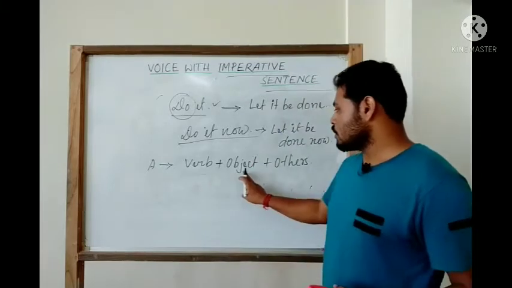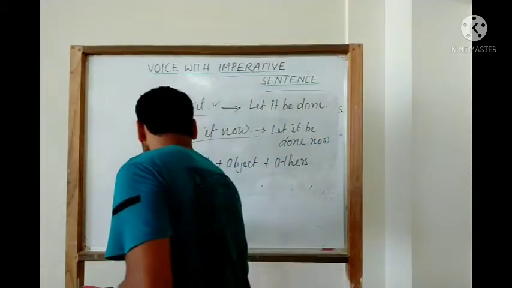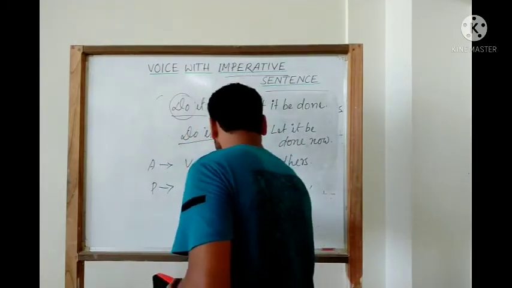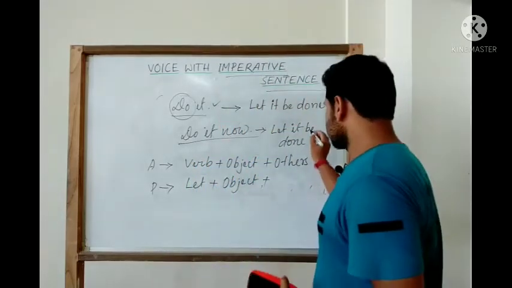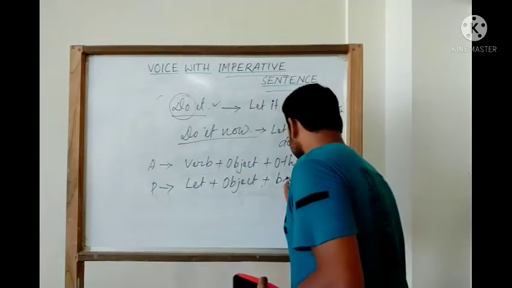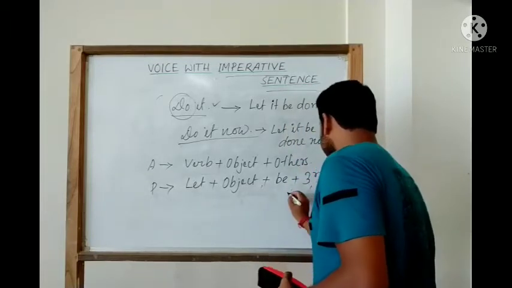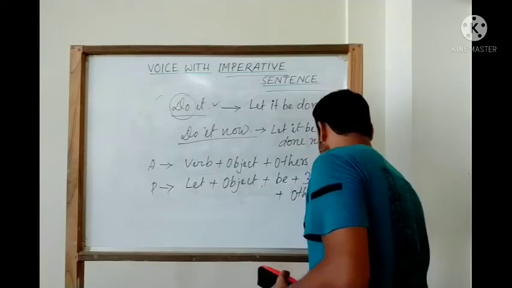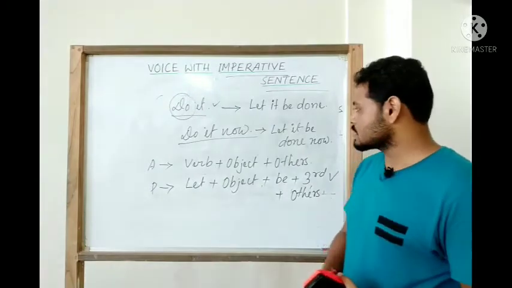This is active. So the passive would be let plus object plus be plus third verb plus others. Okay, is it clear? I hope it is clear.